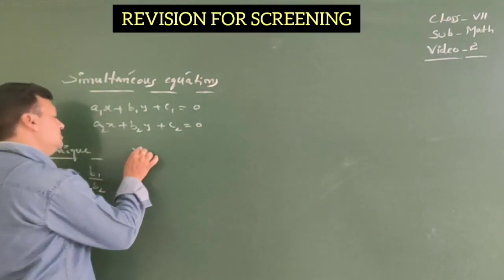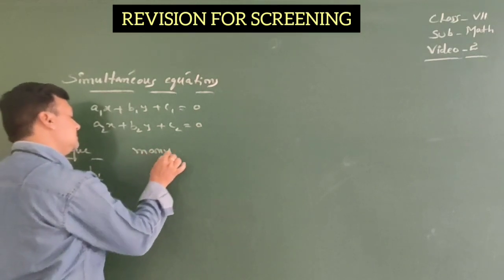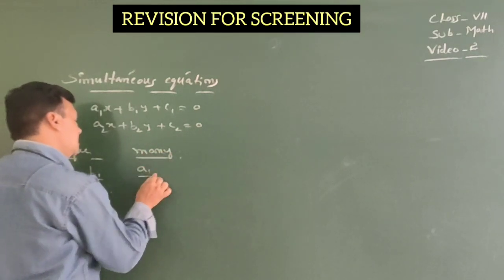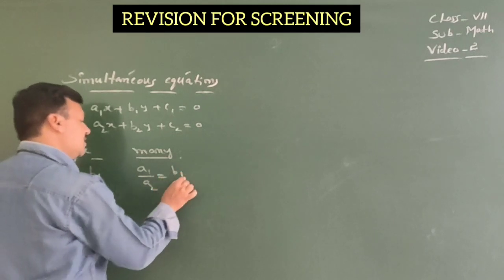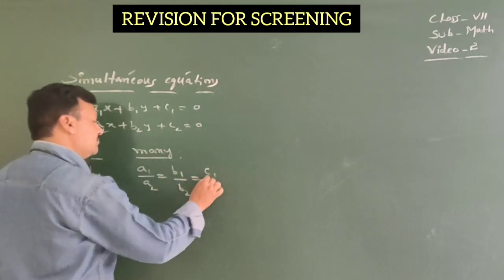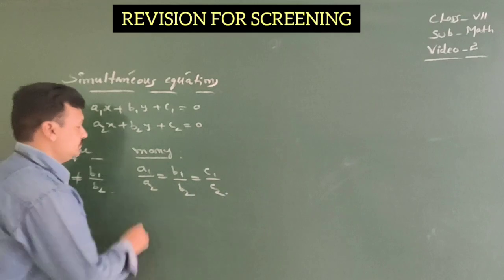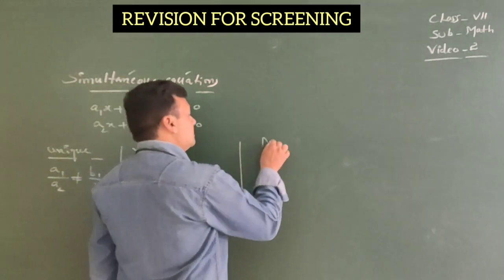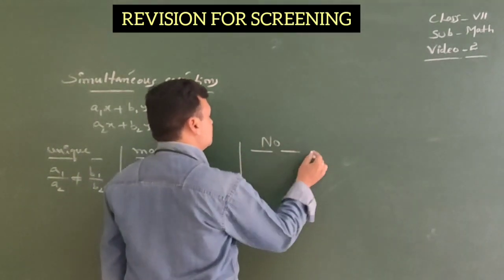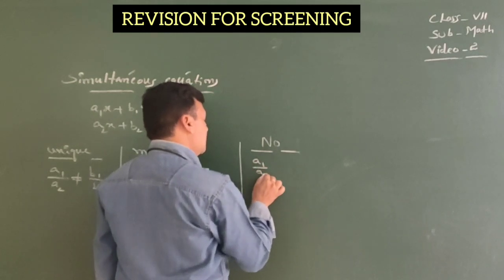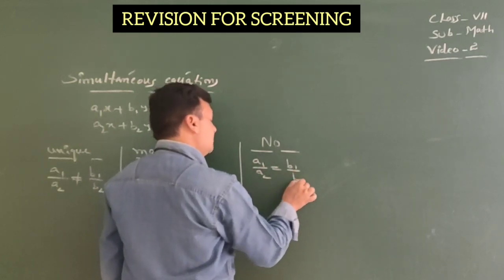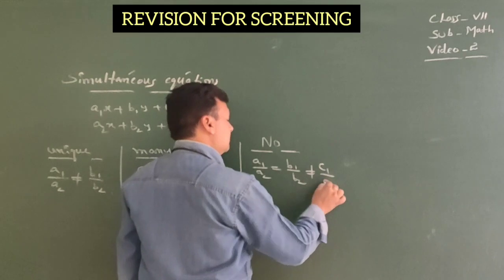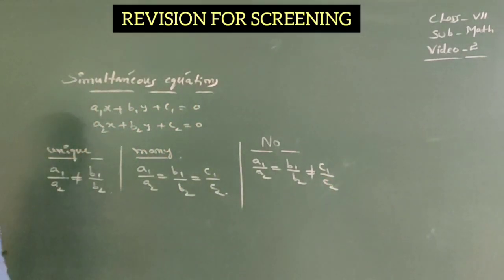Which has many solutions, a1 by a2 equal to b1 by b2 equal to c1 by c2. If the given system has no solution, then a1 by a2 equal to b1 by b2 is not equal to c1 by c2.